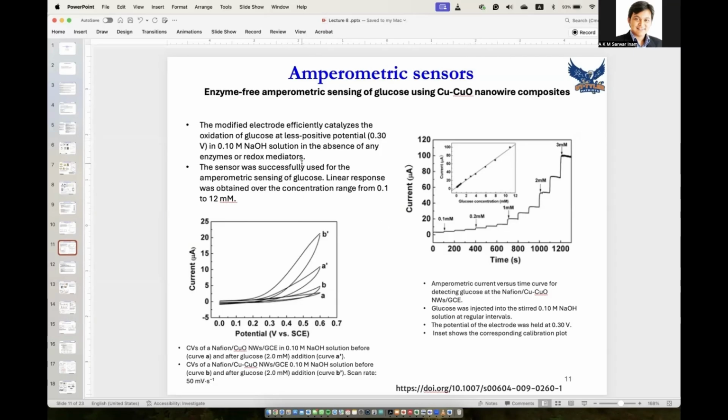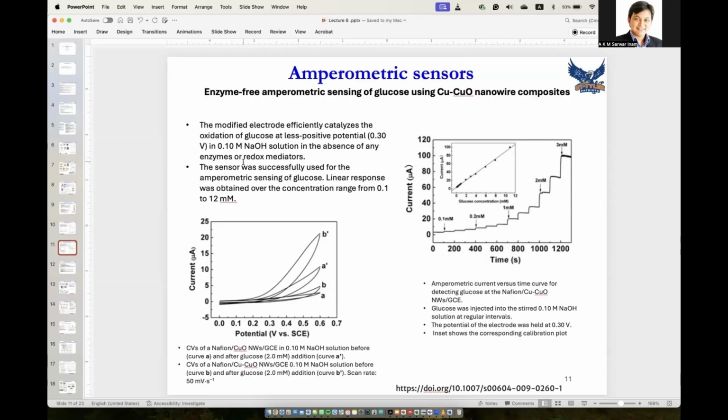So the modified electrode efficiently catalyzes the oxidation of glucose at less positive potential. So it requires very little potential, that is 0.30 volt. We don't actually need the volt, we just need the current, right?